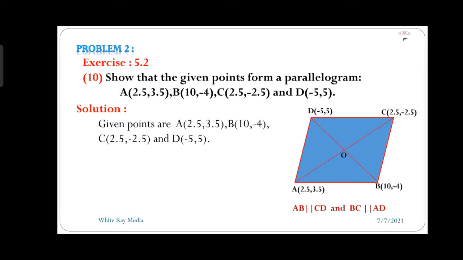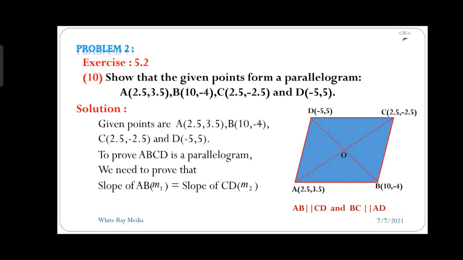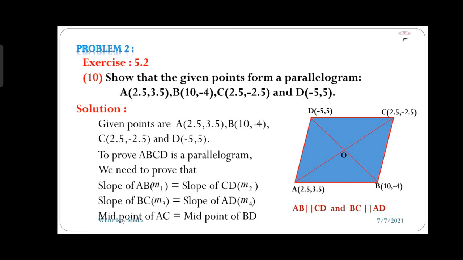We have taken all the points given. To prove ABCD is a parallelogram, we need to prove that the slope of AB is equal to the slope of CD, the slope of BC is equal to the slope of AD, and the midpoint of AC is equal to the midpoint of BD.